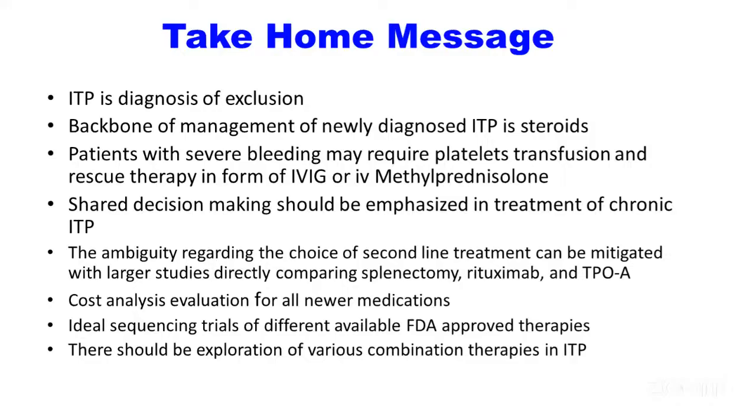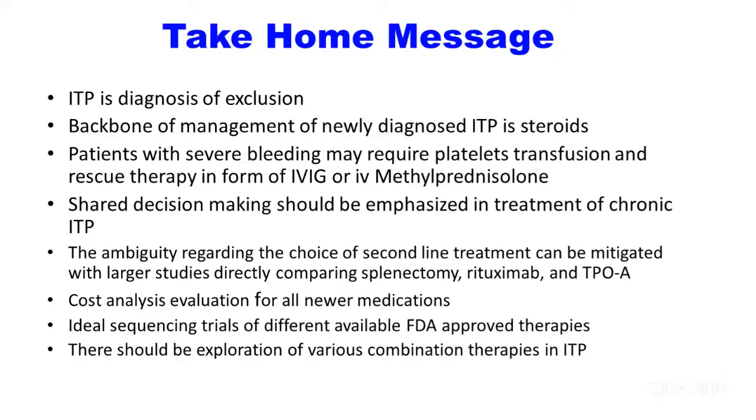Ambiguity regarding the choice of second line treatment can be mitigated with larger studies comparing splenectomy, rituximab, and thrombopoietin agonists. Cost analysis evaluation of the newer medications is very important.